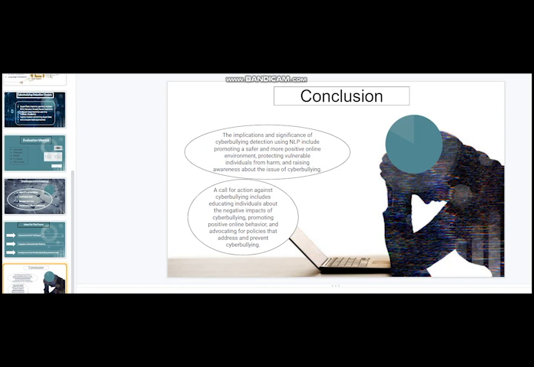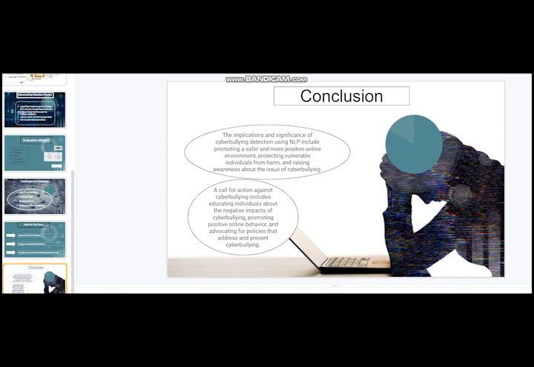Implications and significance of cyberbullying detection using NLP: cyberbullying detection using NLP has significant implications for individuals and society as a whole. By enabling the identification and prevention of cyberbullying behavior, it can help create safer online communities and promote healthy social interactions.